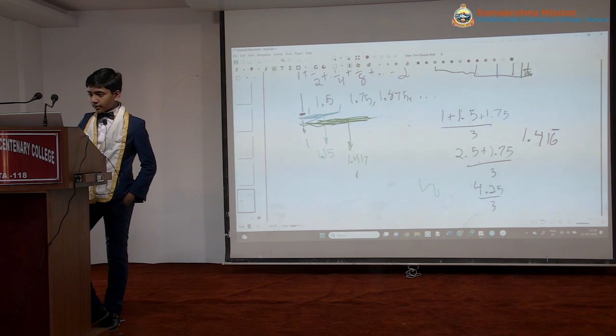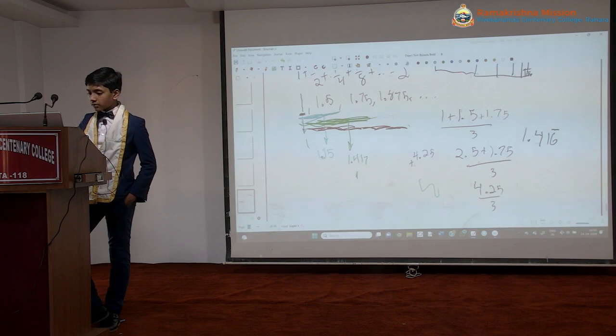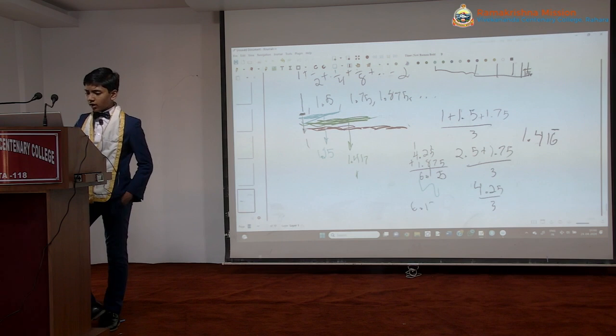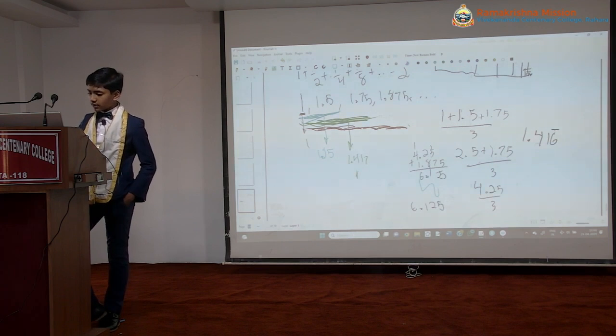And then, if you take the mean of the first 4, I think I'm going to have to use a calculator for this one. So we get 6.125. I'd love someone to check that is correct, but that's what I'm going with.